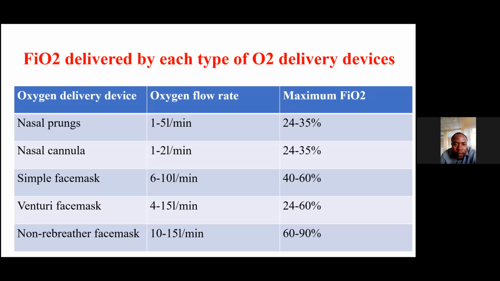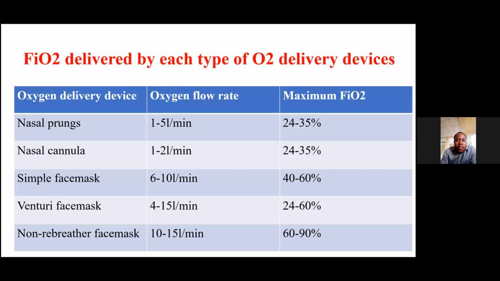Generally, you start titrating the oxygen with the nasal prongs, where you can give from 1 to 5 liters per minute, and they provide FiO2 ranging between 24 to 35%. The nasal cannula is the same as the nasal prongs, don't get mistaken.